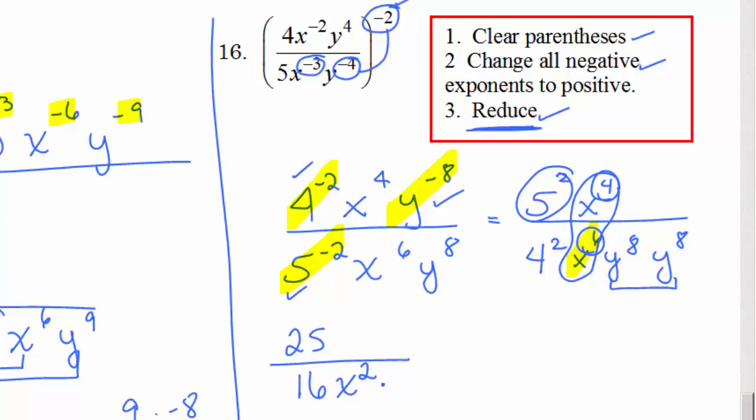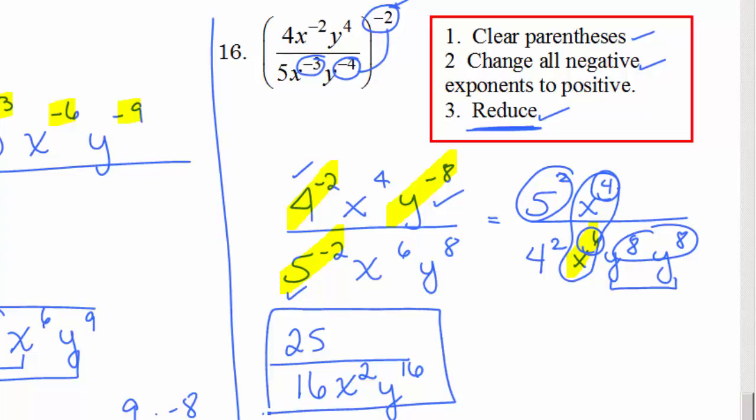Then those are both on the bottom, so I'm going to keep them on the bottom and add their exponents. Again, skipping steps with this is not a good idea. Be careful about what you can change, what you can't change. Negative exponents you have to change.